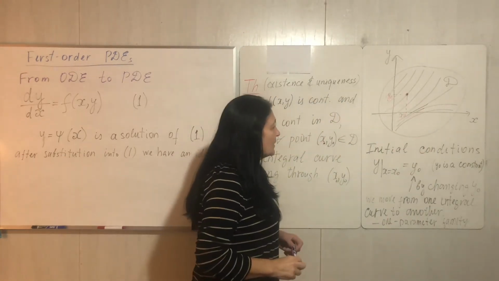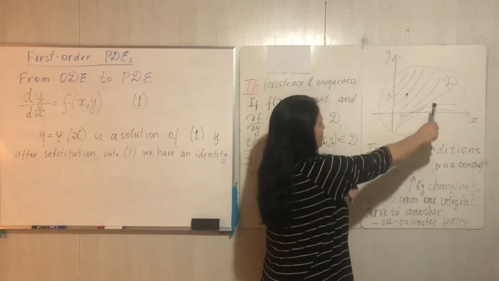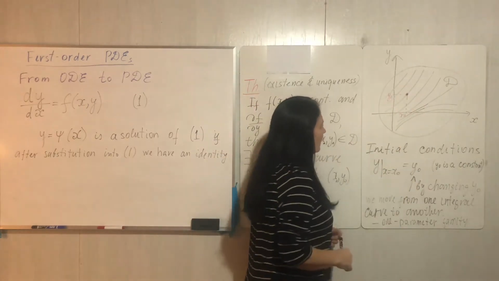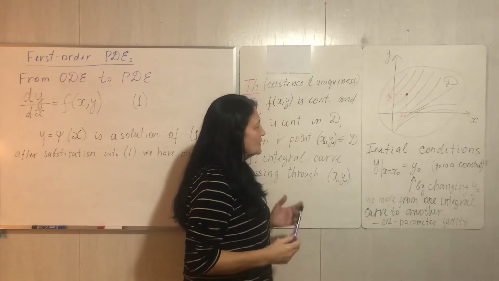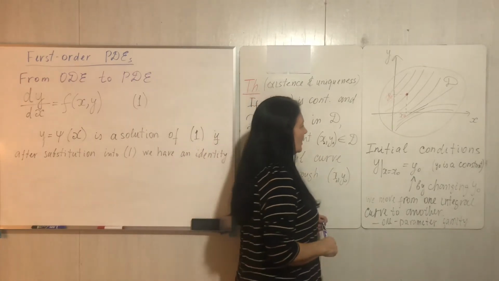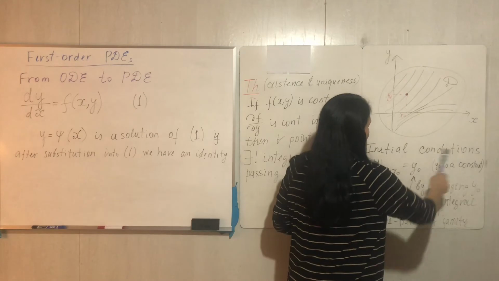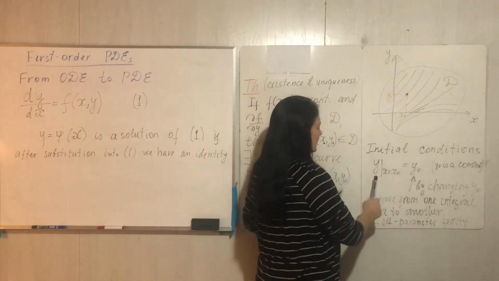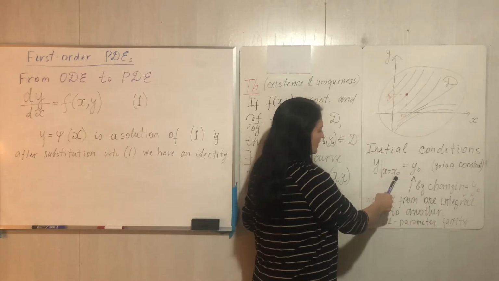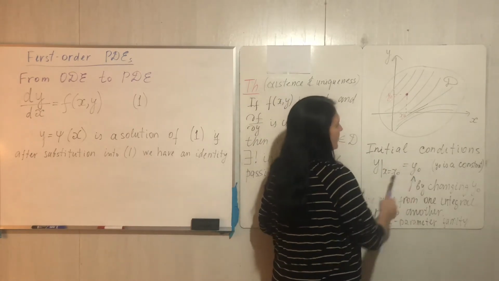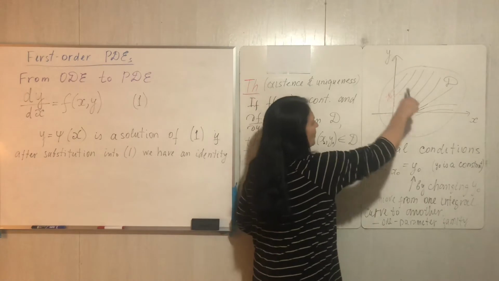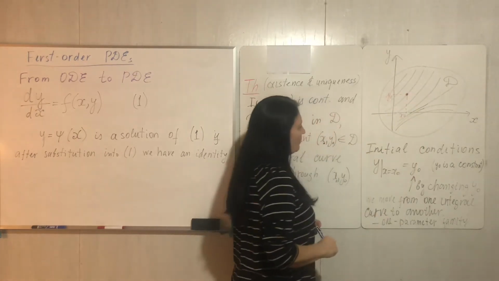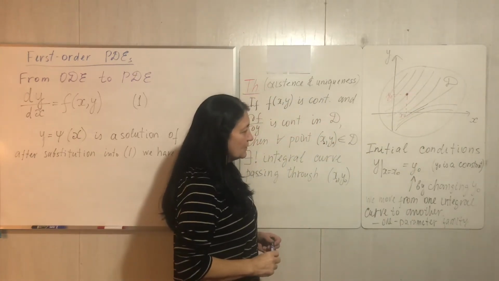And very often, we have a bunch of curves, and to specify a certain curve we usually give what we call initial conditions. We say that when x equals x sub 0, y equals y sub 0. That's how we can choose a certain curve among integral curves.